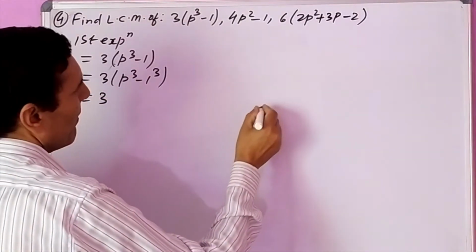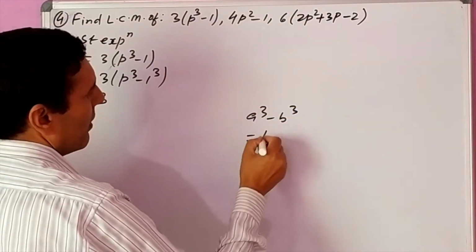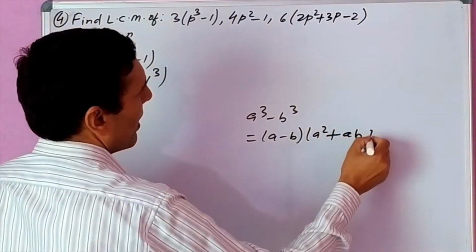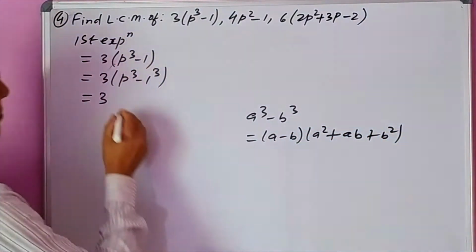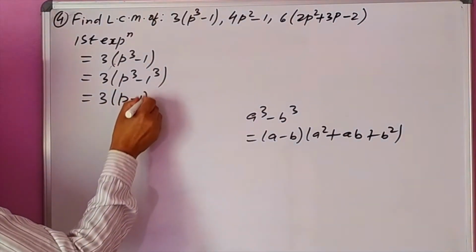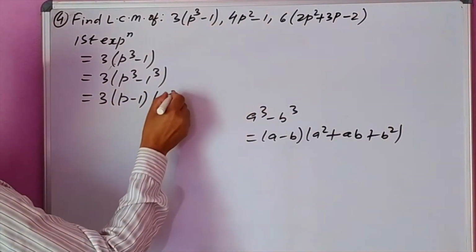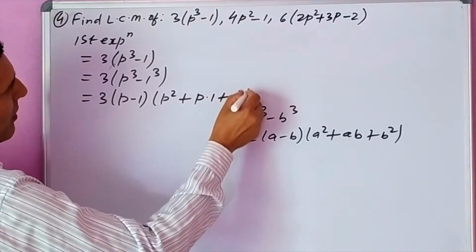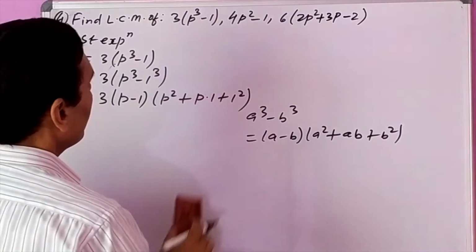And what is the formula of a³ minus b³? A minus b times a² plus ab plus b².